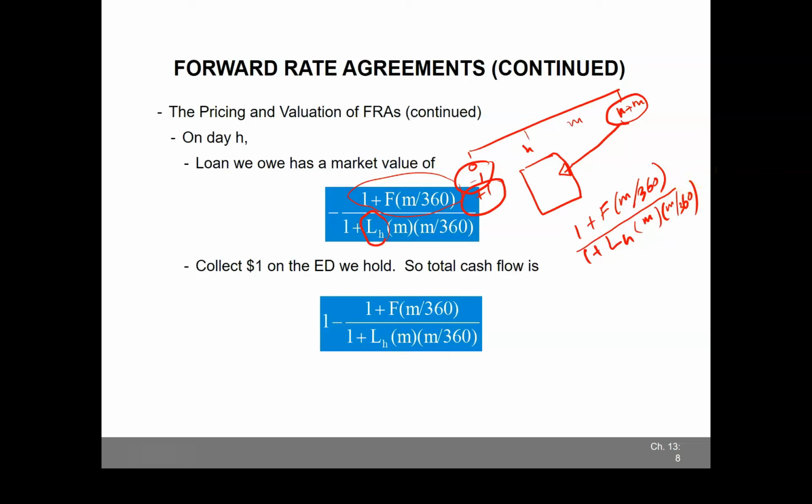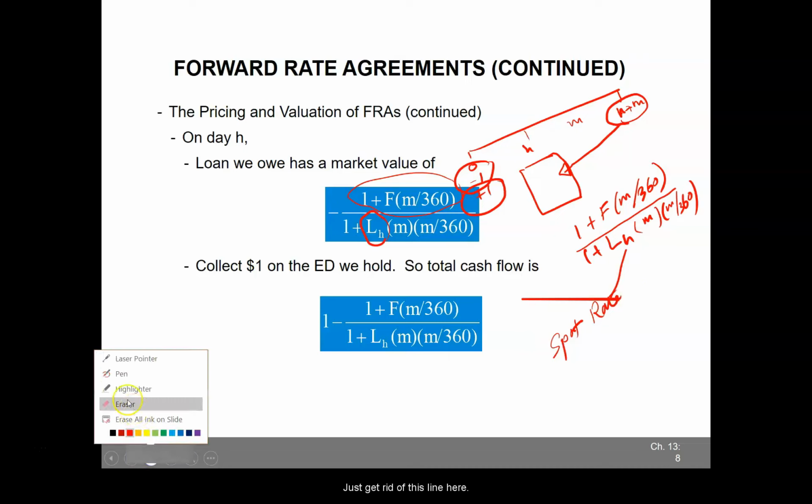Now this M here is indicating that this is the spot rate that will be prevailing for the 90-day LIBOR period, that is the 90-day LIBOR 30 days from now. So this is basically, if I can write it here, the spot rate. Let me just get rid of this line here.